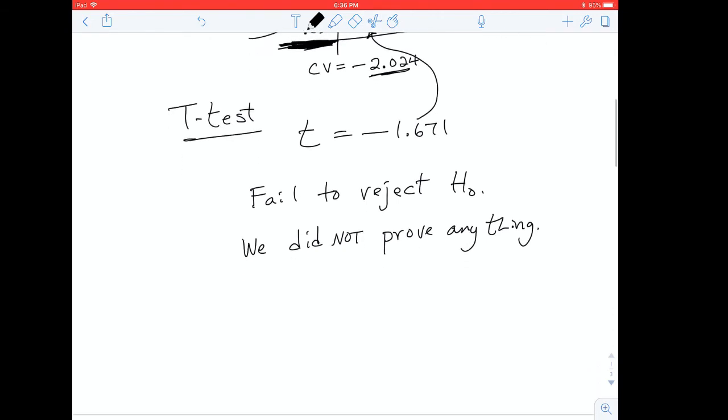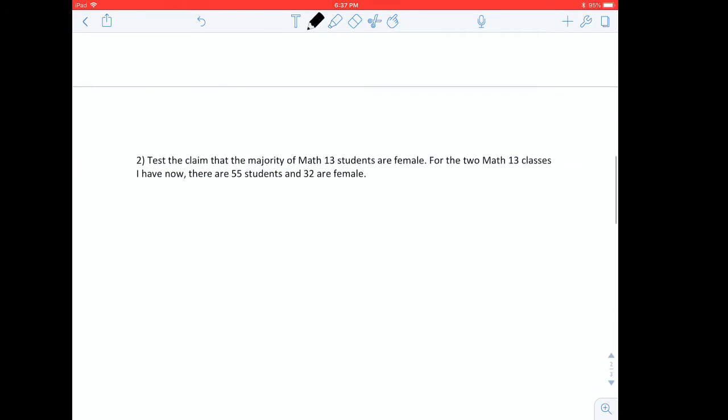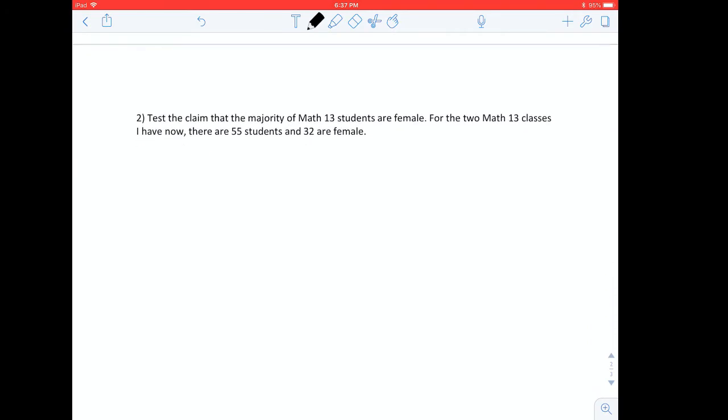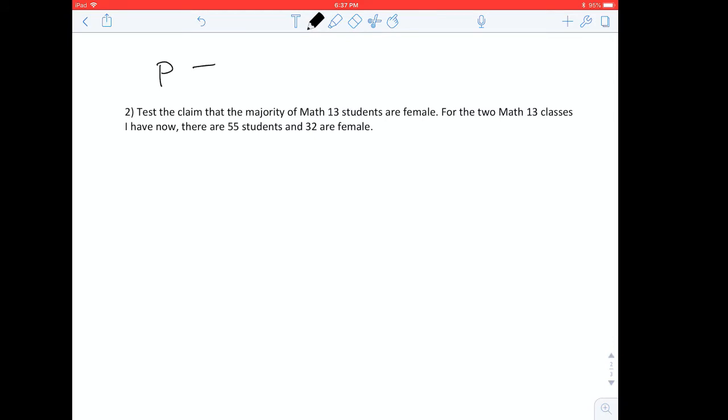All right, on to the second example, and that is about proportions. So when it's about proportions, then we use Z as the test statistic, and then the critical values are in table A2. All right, next, find the claim. So the claim is that the majority, and this means that it's over 50%.